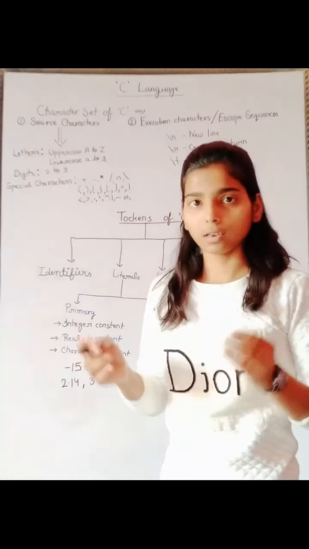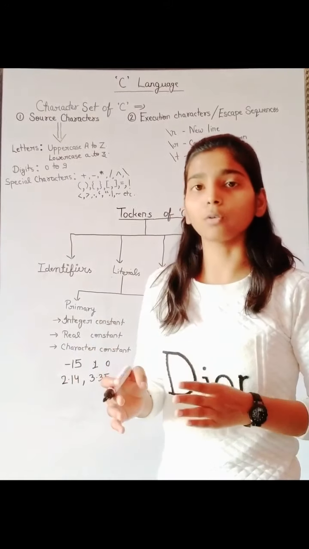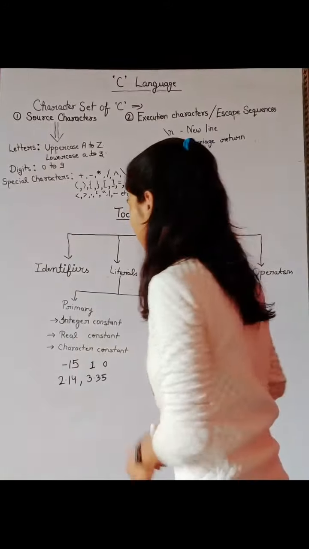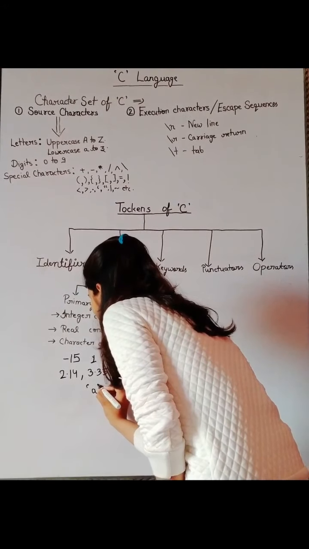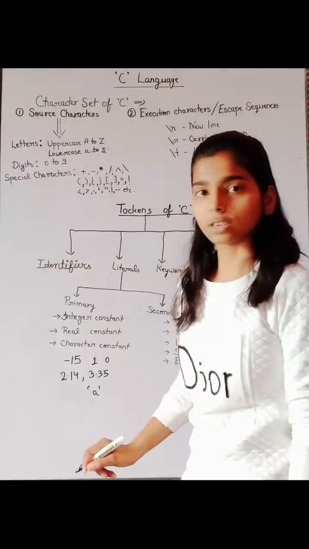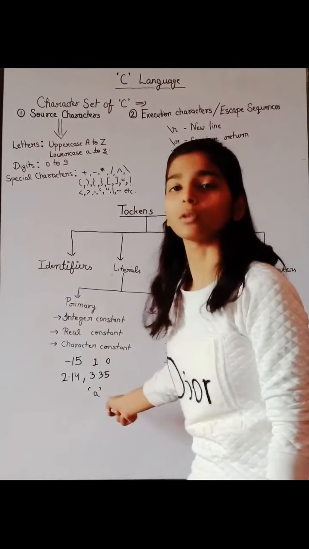Any symbol enclosed in single quotes is known as a character constant. Small a is a character constant and it is enclosed in single quotes.